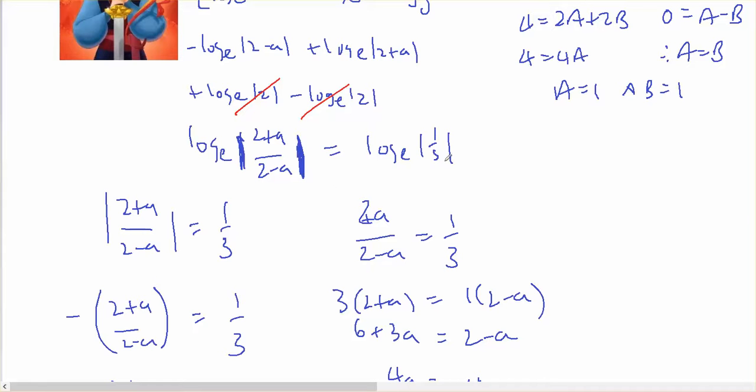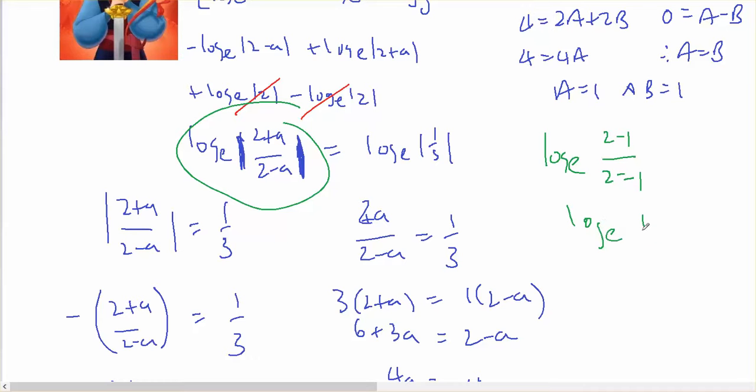So I need to consider the two possible situations of answers for a. When a equals negative 1, this will be log base e of 2 minus 1 over 2 minus 1, the log base e of 1 over 3.